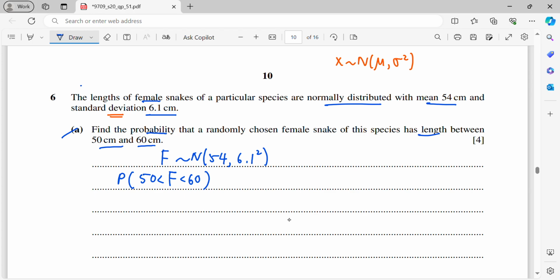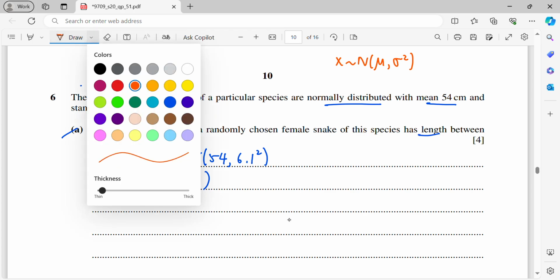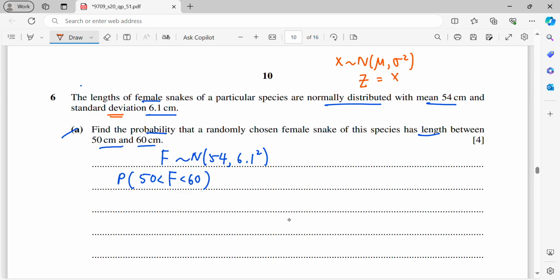Now, here, we need to standardize it. So when you standardize, it's basically x minus mu over sigma. Therefore, I will be getting P, right, 50 minus 54, that is my mean, over sigma is 6.1.